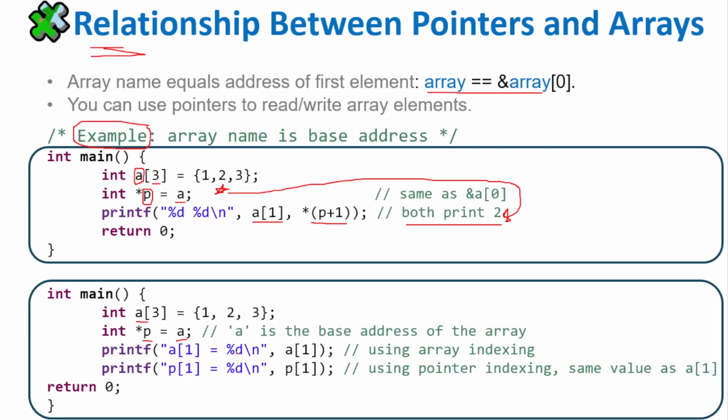By using A index 1, we access the second element through the array name. And by using P index 1, we access the same element through the pointer. Both approaches return the same value, showing that in C, a pointer can be used just like an array to navigate through its elements efficiently.